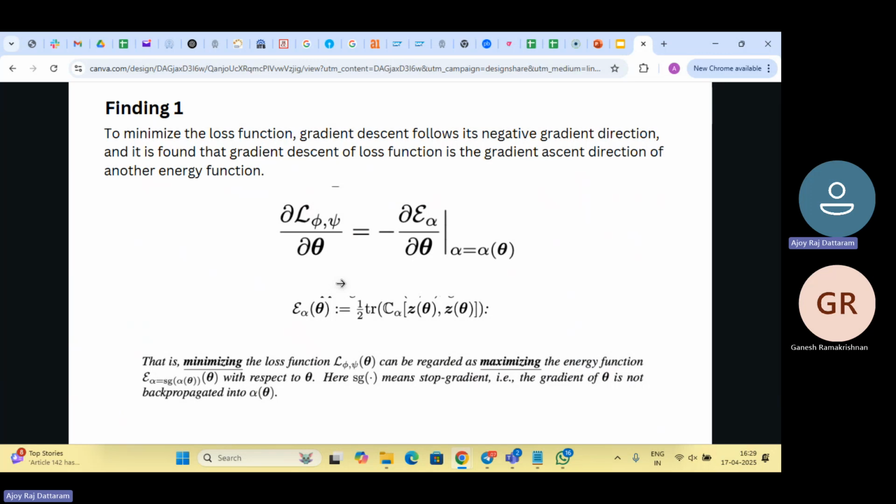In a more mathematical way, the gradient descent of the loss function is the same as the gradient ascent of the energy function. They have proved this formula in the paper.